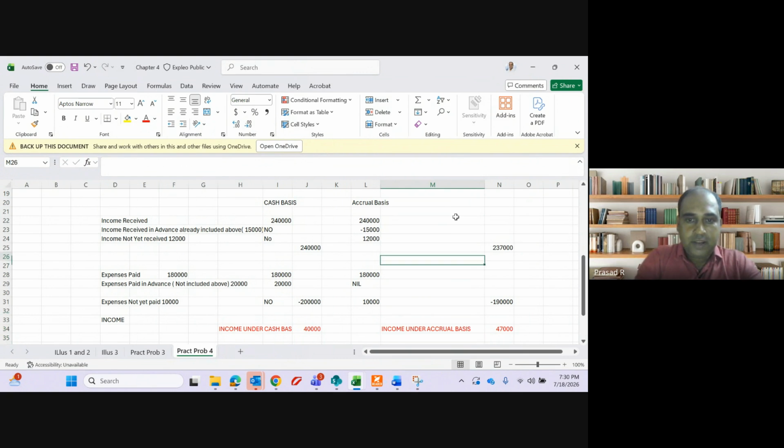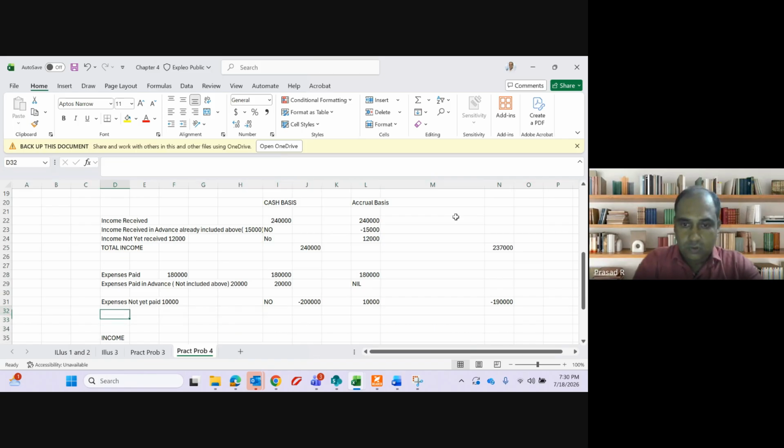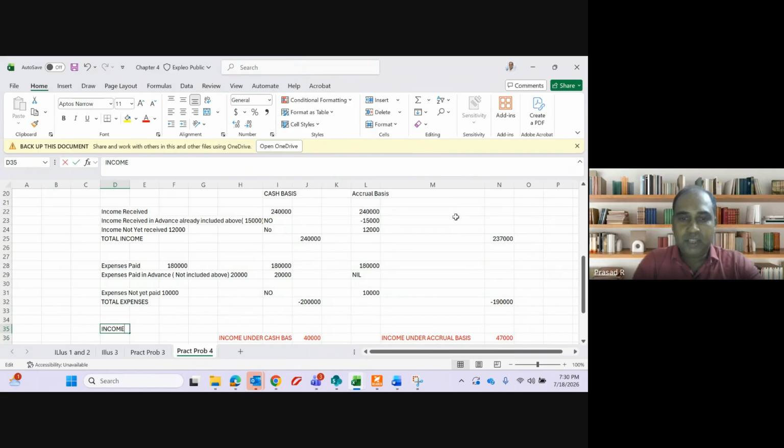Okay. So this is my total income. This is my total expenses. My net income is, this is called net income.